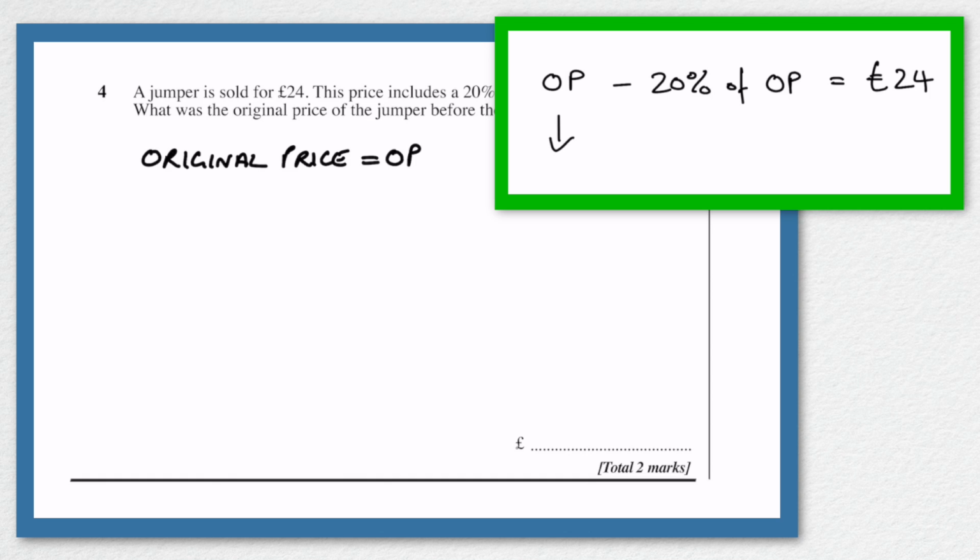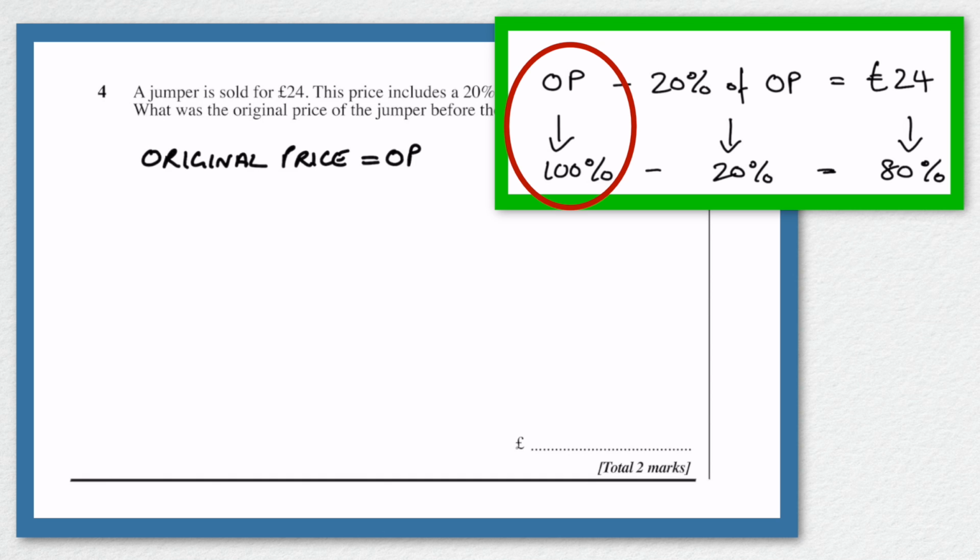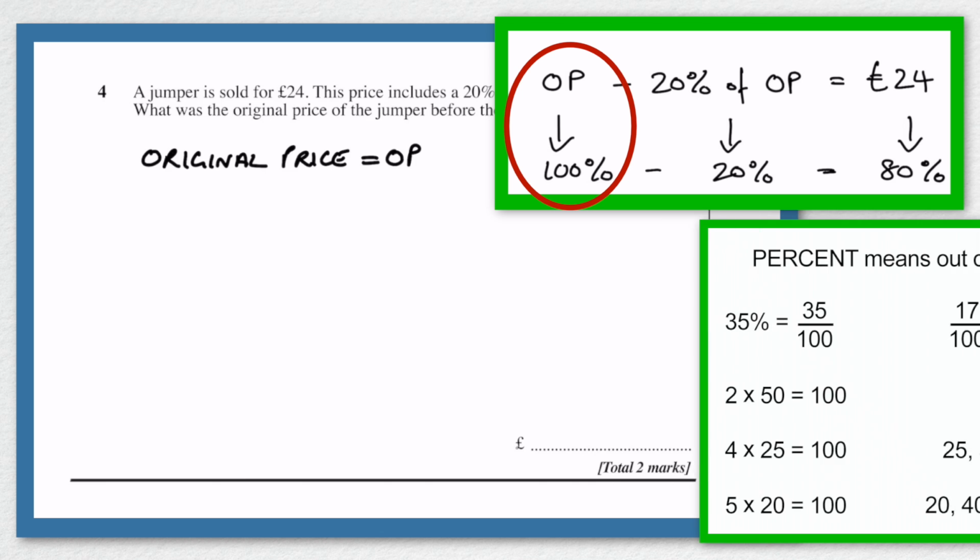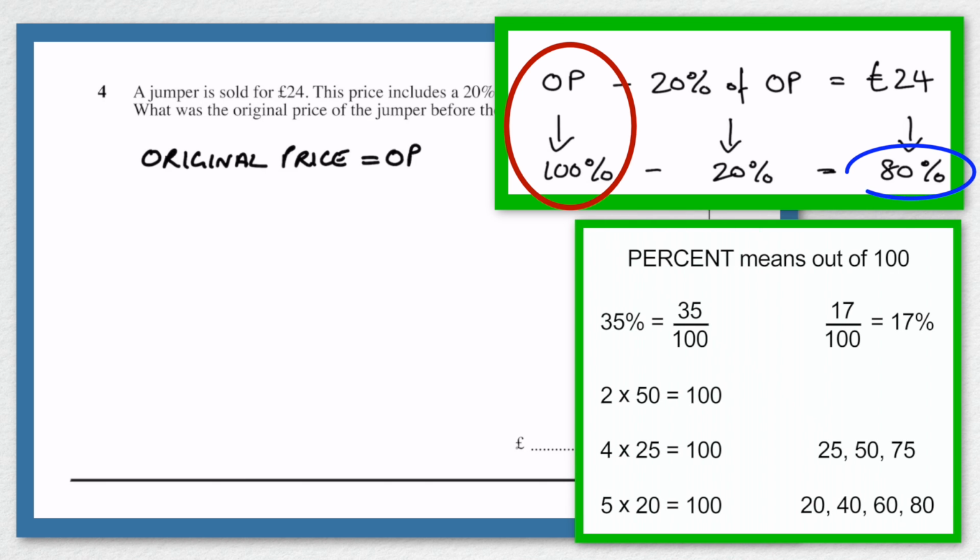So think of the original price of the jumper as being the 100%. We subtract 20% from it, and we are left with 80%. So we need to find this 100%, as this is the original price. Again, we need to think about numbers that go exactly into 100. 80 is a multiple of 20, and 20 goes exactly into 100 5 times.